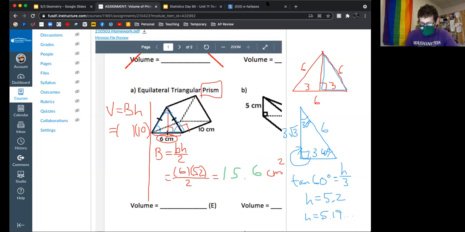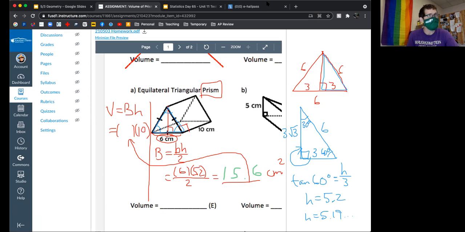So if I get rid of these boxes real quick, this 15.6 is now the area of the base, and that can be plugged right into that original formula. So I'm kind of figuring out how to cascade this. As soon as I knew the height of the triangle, I could put it into my area formula. As soon as I knew the area of the base, I could plug it into my volume formula.